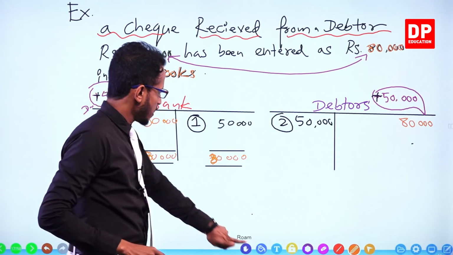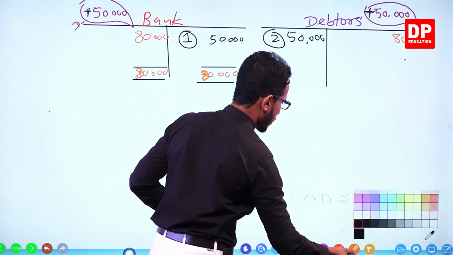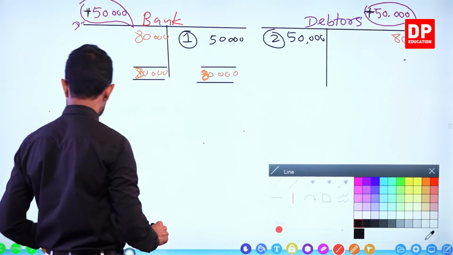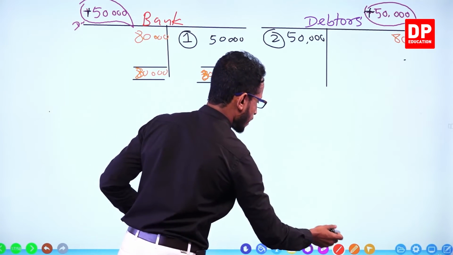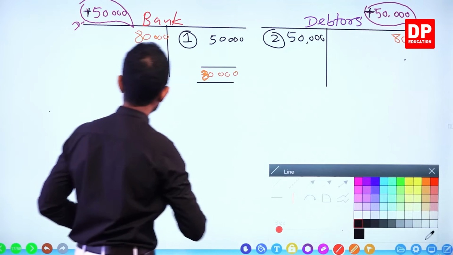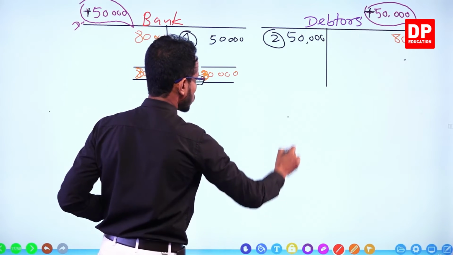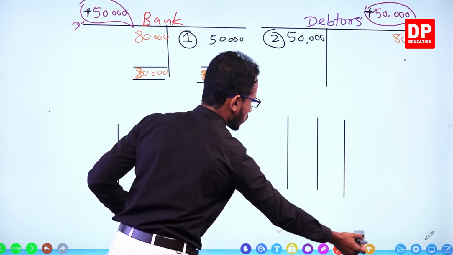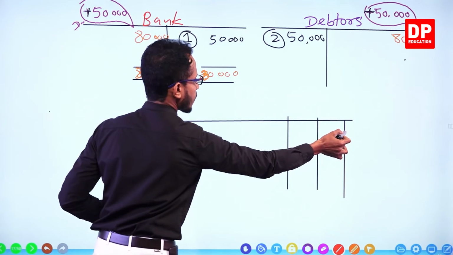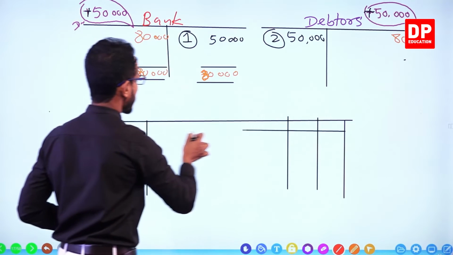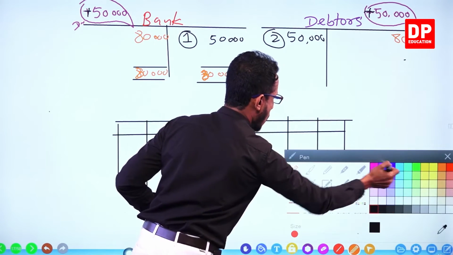So you write the double entry in the general journal. How? It's simple. You draw a general journal, okay? Draw a general journal and write the double entry.